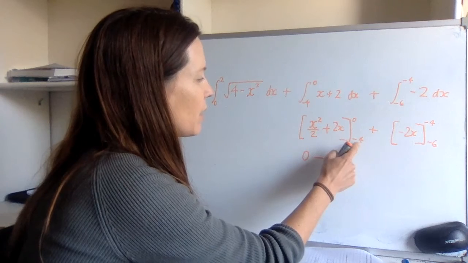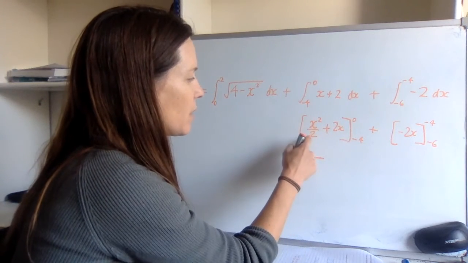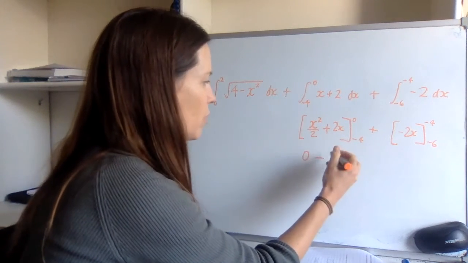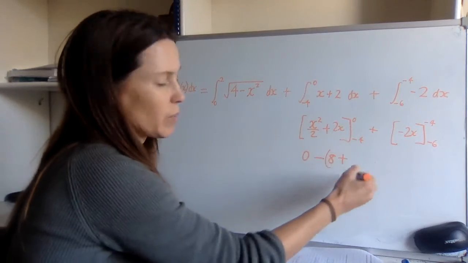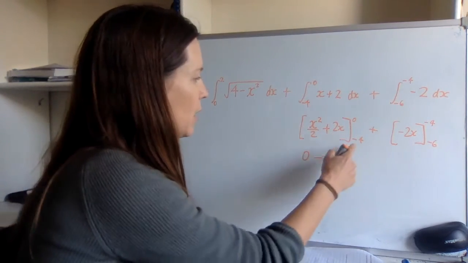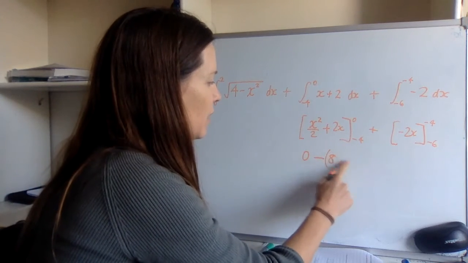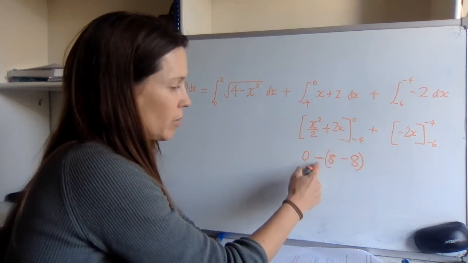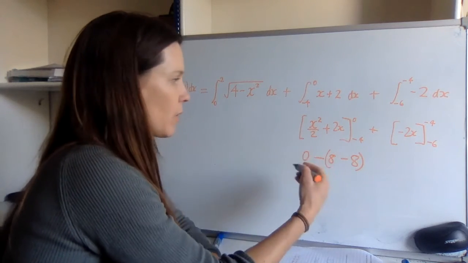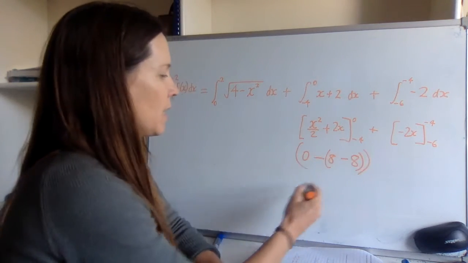When we sub in the negative 4, we get 16 over 2, so we have 8 plus, now putting this part in brackets is really helpful. No, not plus, we have minus. Now, we've got 8 minus 8 there, which is 0. 0 minus 0 is 0. So that whole section worked out as 0.